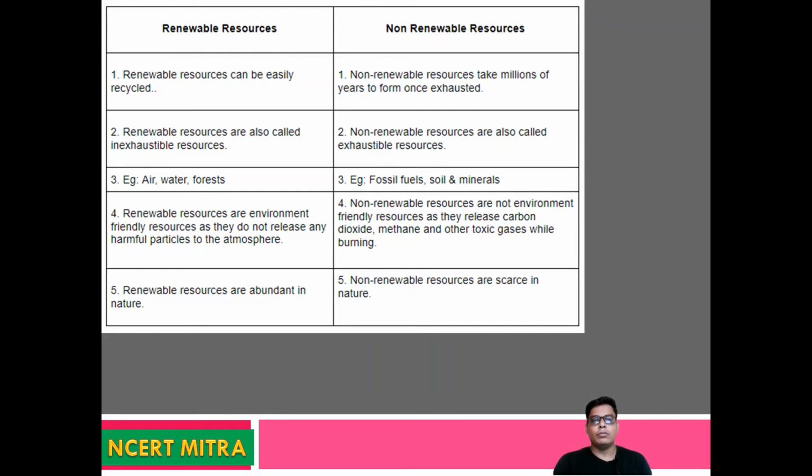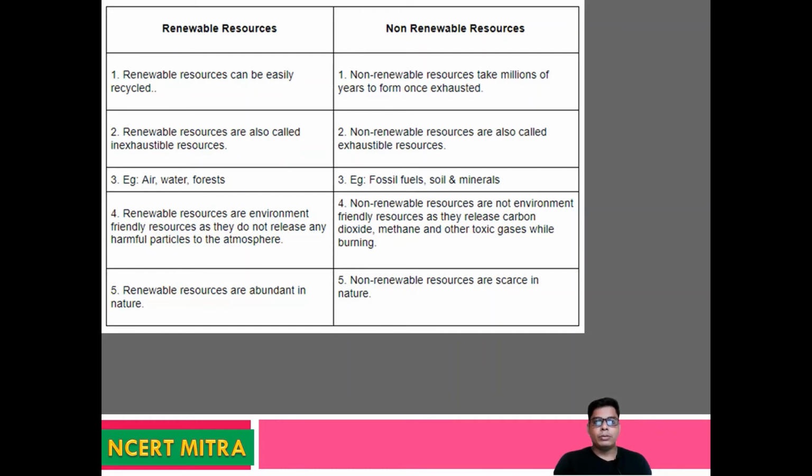Soil and minerals are also examples. Renewable resources are environment friendly and do not release any type of harmful material or gas that can pollute our environment.